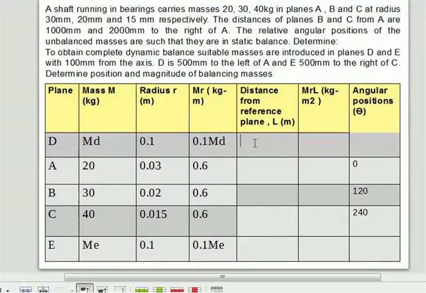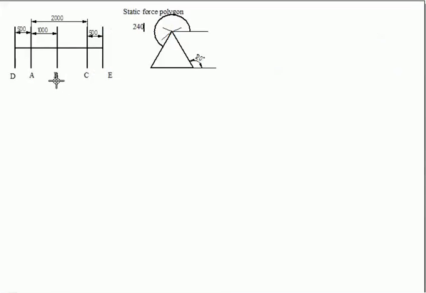Now write the distance of each plane with respect to plane D. So distance from D to A is 0.5.